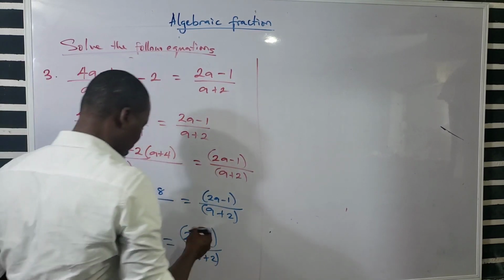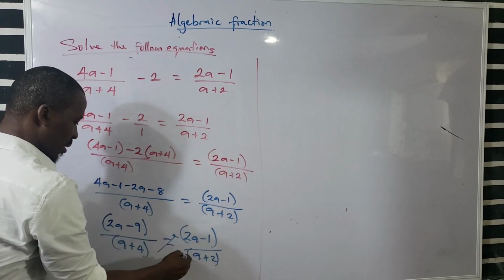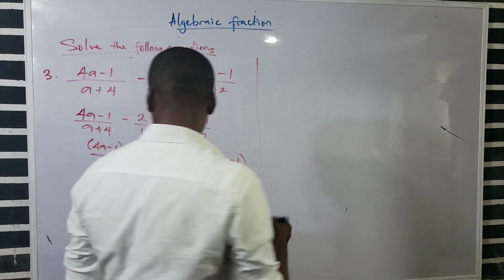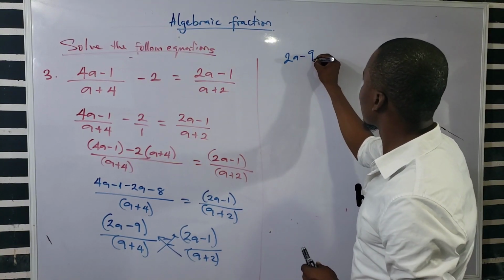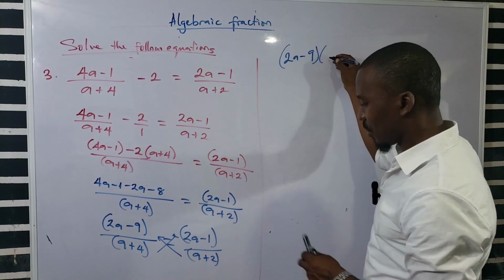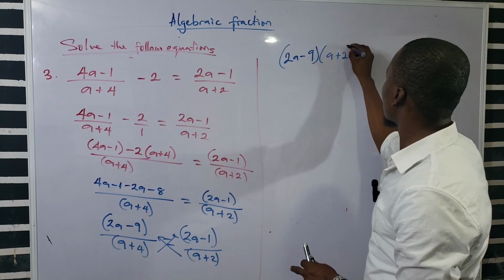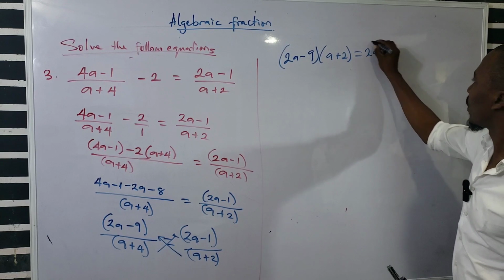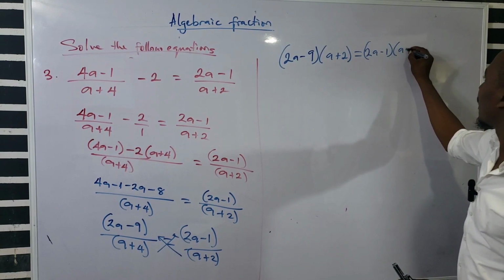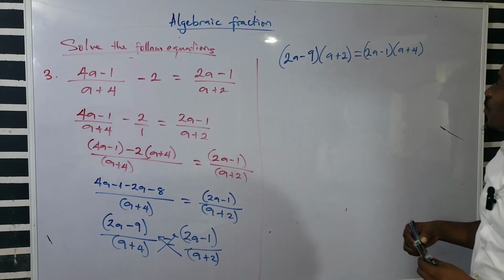So let's do that here. When you cross and multiply, you will have that (2a - 9) into (a + 2) equal to (2a - 1) into (a + 4). So let's open our bracket.